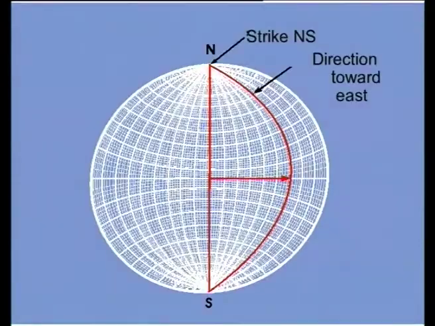Let us imagine that a plane striking north-south and dipping towards east is passing through this imaginary sphere. On the lower hemisphere, this easterly dipping plane will have a curved line of intersection that is inclined towards the east.